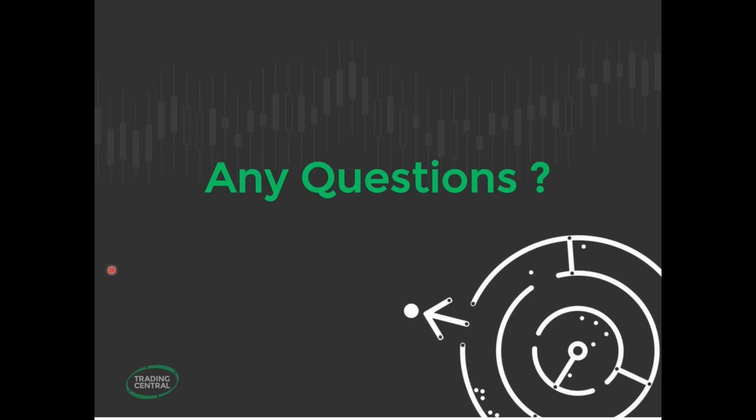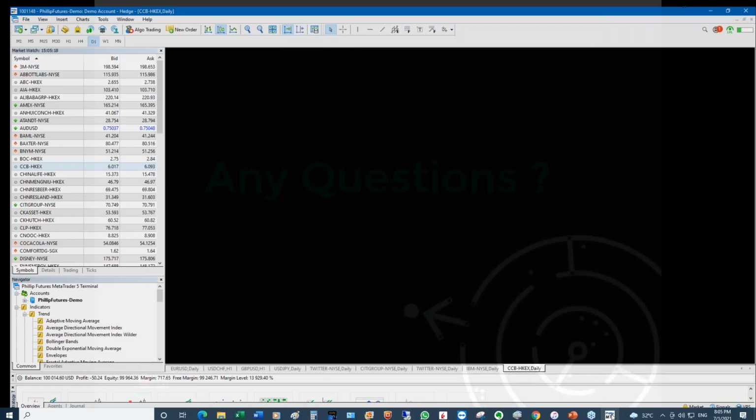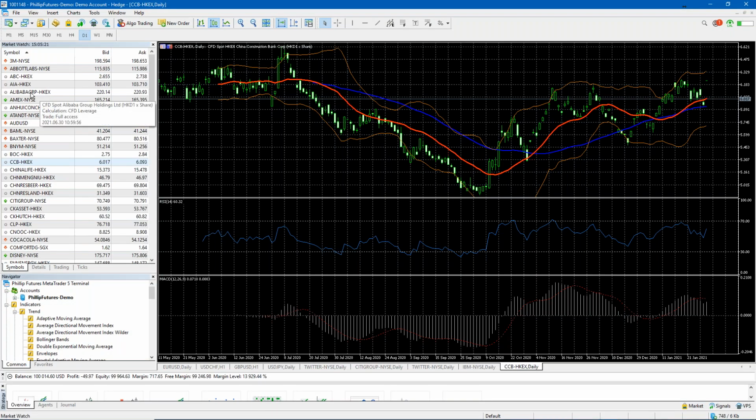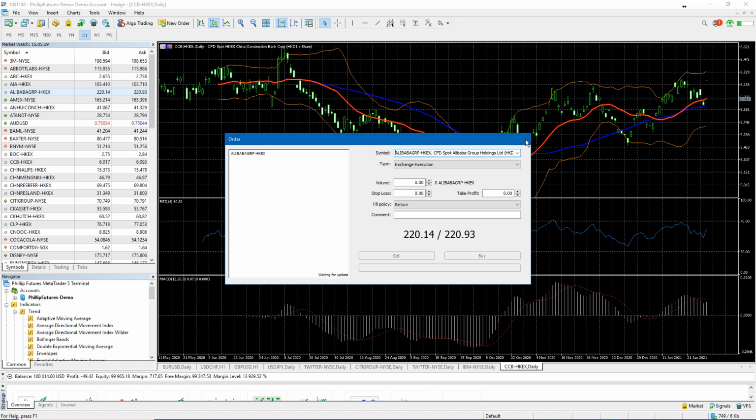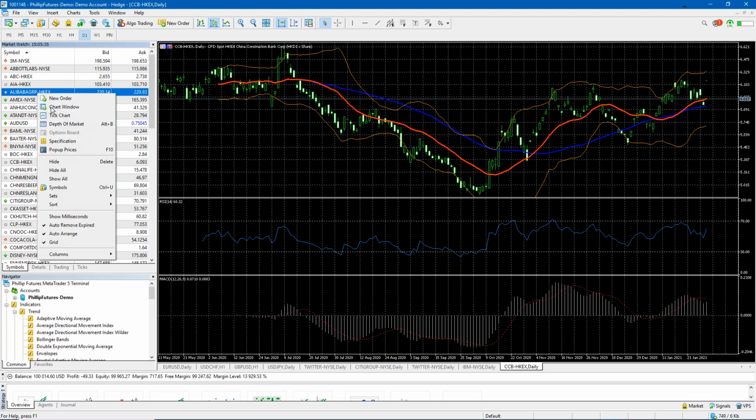Alibaba. Oh, why not we take a chart, have a look. Okay. Alibaba. Can you see my screen? Ming? Yes. Ming? Okay, good. Cool. Alibaba. This is not Alibaba. I point to Alibaba. Chart window.